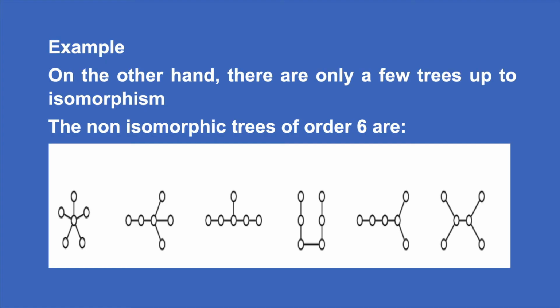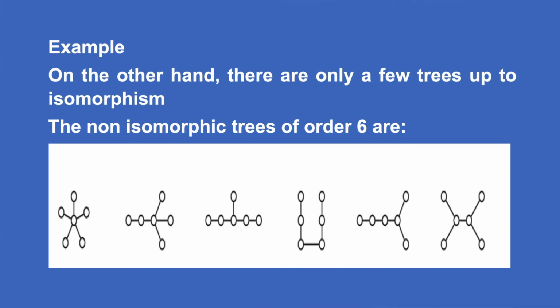The next result is there are n^(n-2) trees on a vertex set V of n elements. For example, there are only a few trees up to isomorphism. The non-isomorphic trees are shown on the screen.